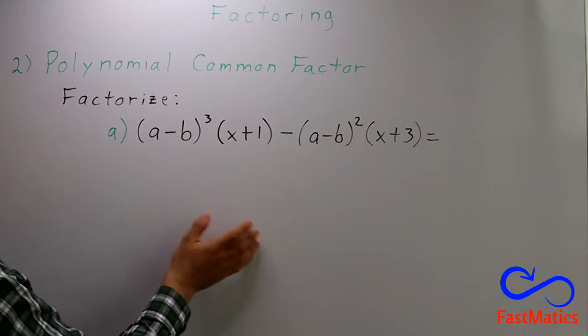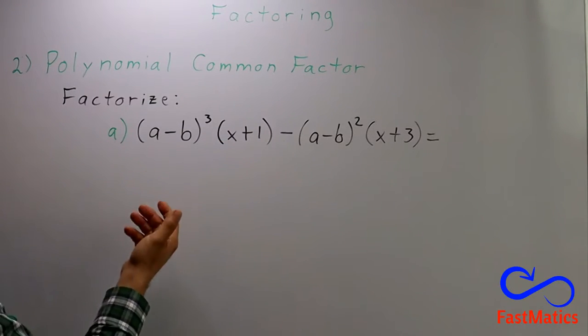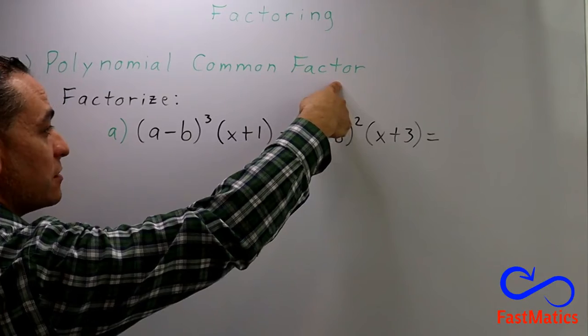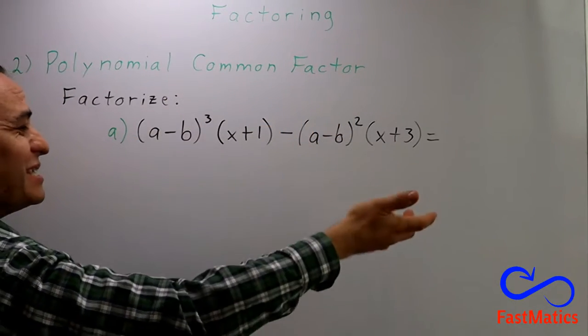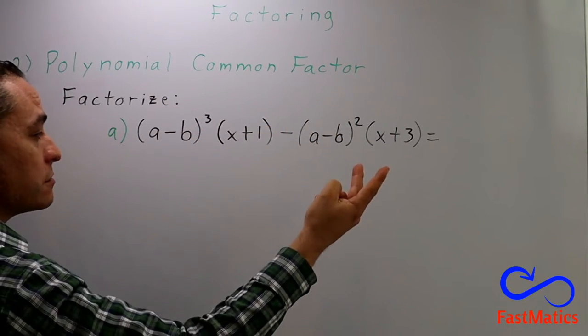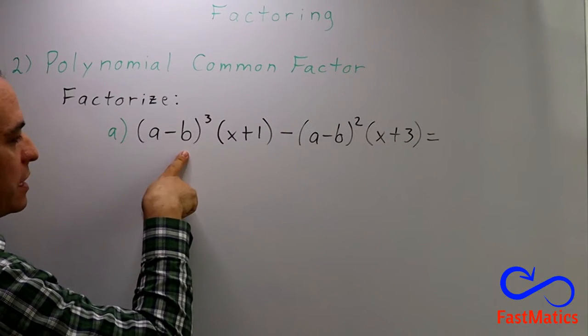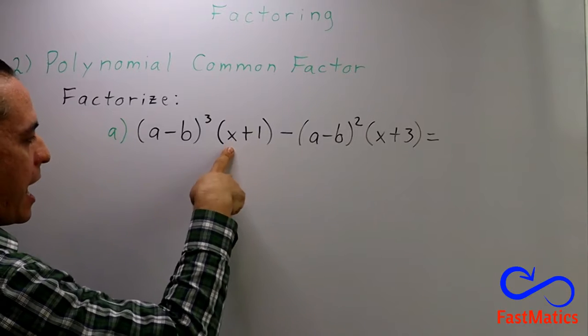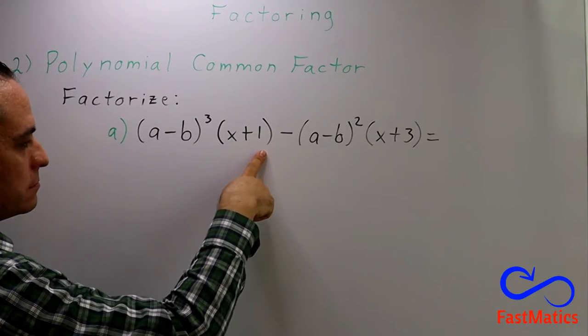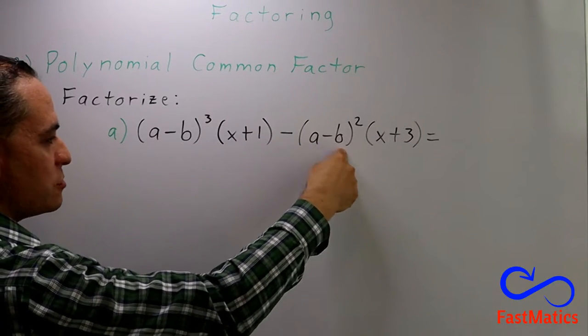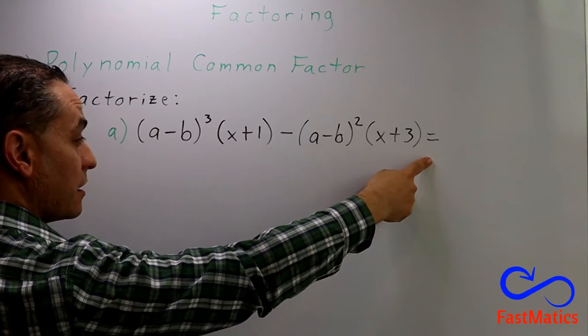So, the question is, if we want a common factor, is something repeating in the two terms? Well, let's see. (a minus b) cubed times (x plus 1), and here (a minus b) squared times (x plus 3).